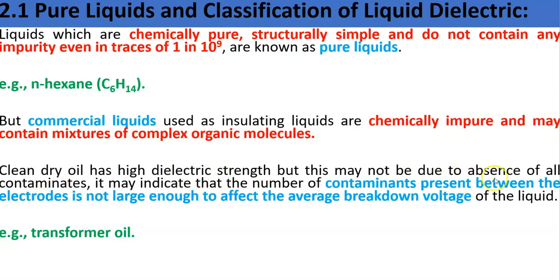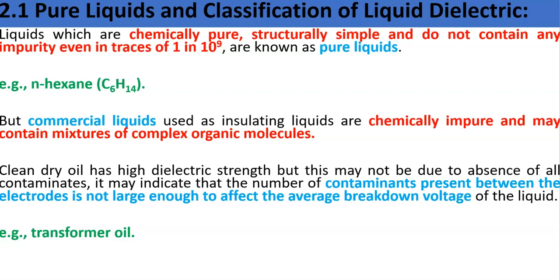But this may not be due to the absence of all contaminants. Even if oil is clean and has very high dielectric strength, we cannot say that it is due to the absence of contaminants, meaning no impurities there. We cannot say that. It may indicate that the number of contaminants present between the electrodes is not large enough to affect the average breakdown voltage.